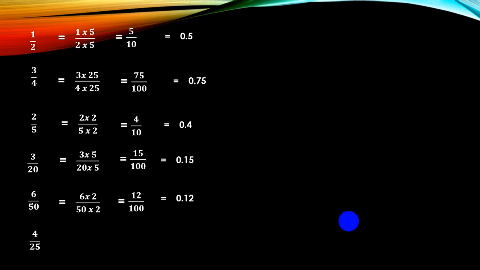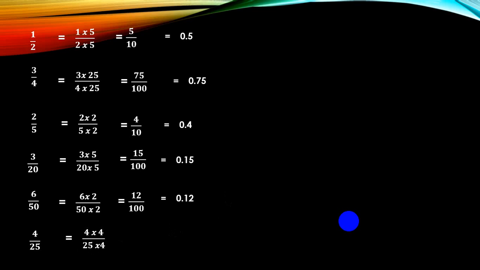The last example, 4 out of 25. Yeah, this is a special case. If I have 25, multiply by what? Like the second example, if I have 4, multiply by 25; if I have 25, multiply by 4. Why? To give me 100. These are from the famous numbers.